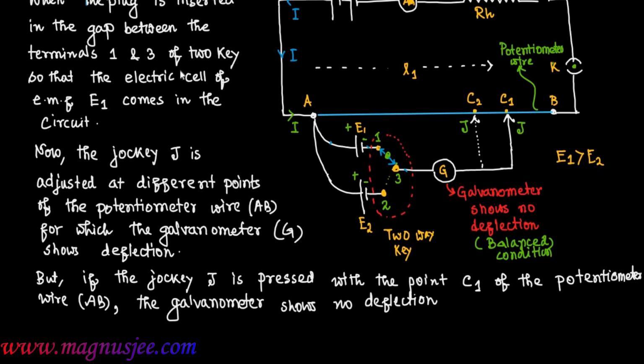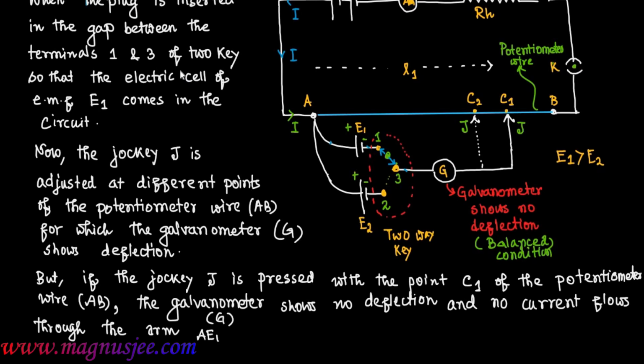The galvanometer G shows no deflection and no current flows through the arm AE1C1. Through the arm AE1C1 the current is I minus I1.